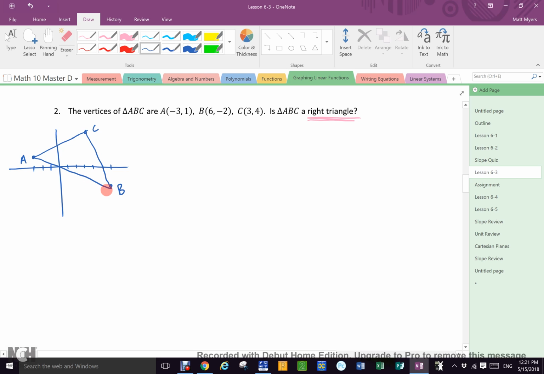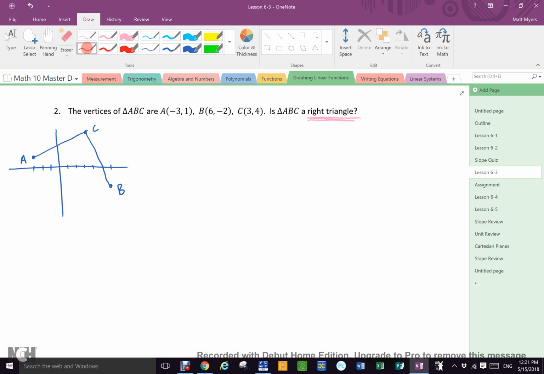Where is the only possible 90 degrees now? C. So do we need to even care about the slope of AB? Does that even matter to us? Nope. We're only going to care about these 2.